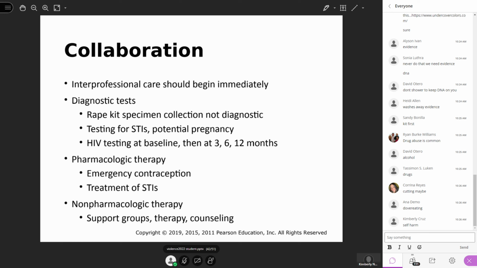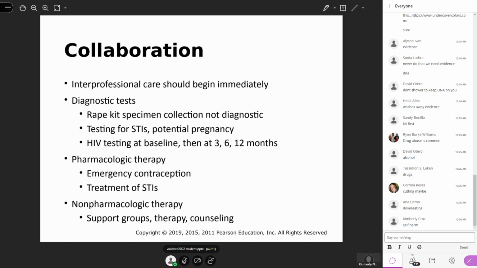All right. So during the immediate situation, when the person comes in, if there are injuries, we want to start working with other professionals immediately, treating the injuries, doing diagnostic tests, checking and collecting specimens for evidence.